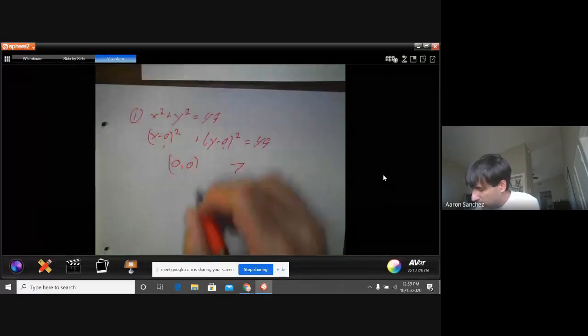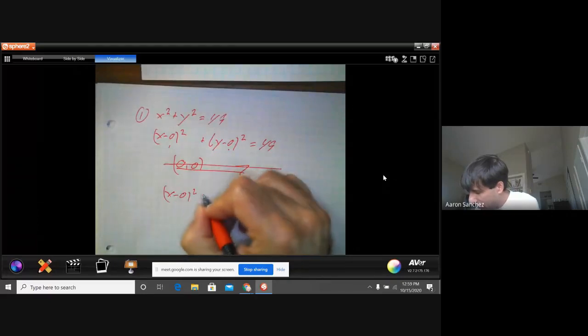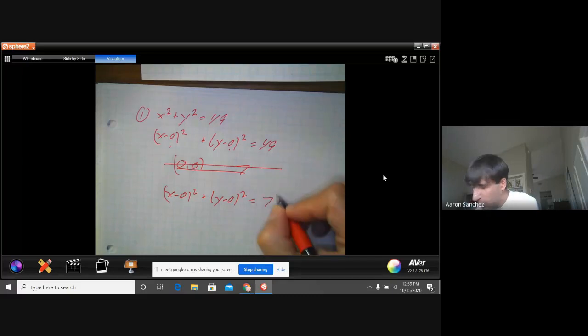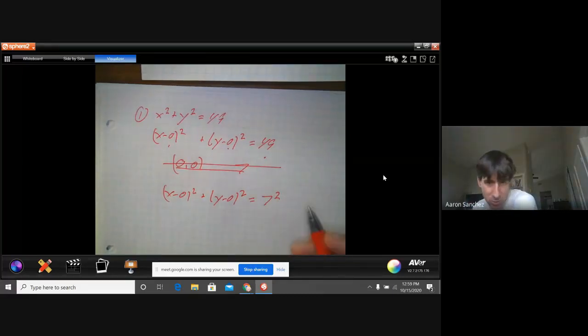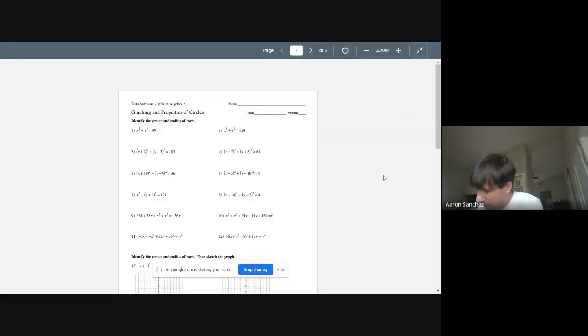So the way I'd rewrite this, it'd be x minus 0 squared plus y minus 0 squared equals 49, and 49 is 7 squared. It's r squared. So you have to just take the square root of this number, basically. Just take the square root of that number. Okay, so number 3, you have to do all of them. You guys have to do 2, but I think you can figure this out. This one is 0, 0, and whatever the square root of 324 is, okay?